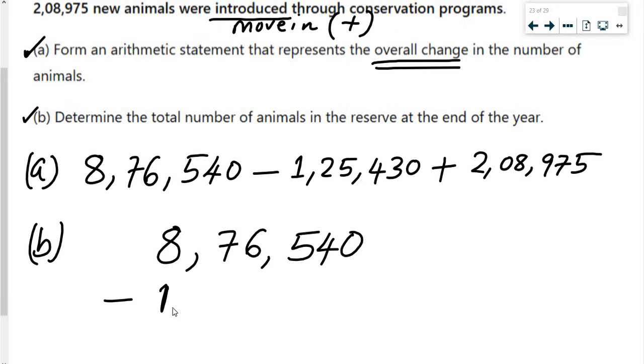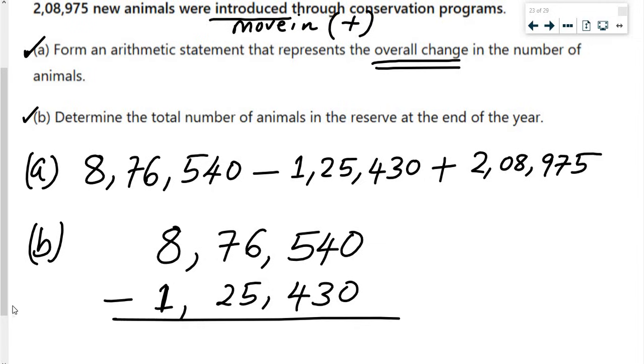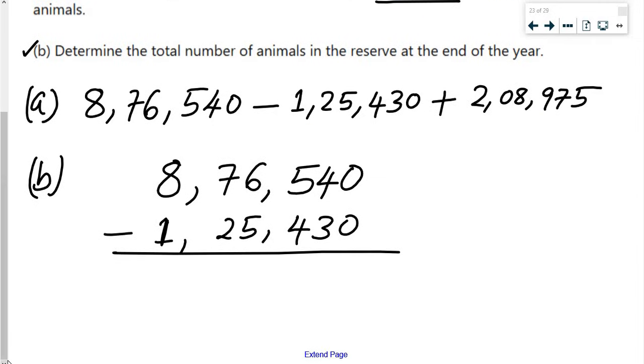Now when we minus 125,430, what do we get? That is step number 1, because in the first step animals moved away, so you have to find the remaining animals. 0, 1, 1, 1, 5, 7. So you have 751,110.